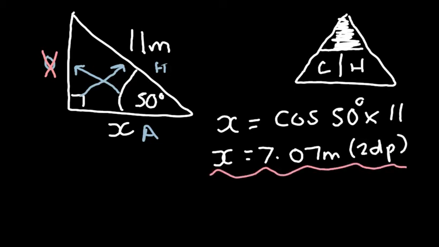So both of those were quite similar, so let's have a look at one that's a little bit different. Let's just put our triangle this way this time, because not all triangles look the same. Get our right angle. Let's say this is 30 degrees, this is 7 meters, and I'm trying to find the hypotenuse. So again, I start by labelling. Opposite the right angle, hypotenuse.